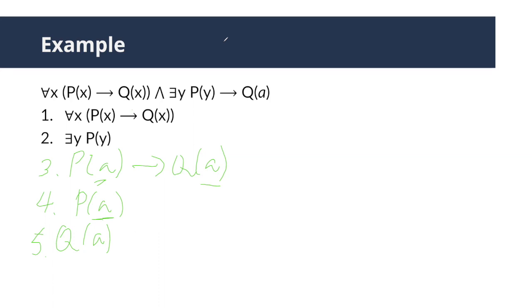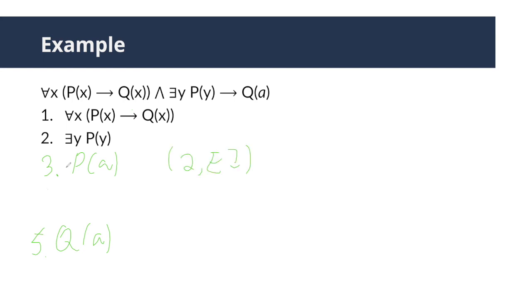The correct proof should be, we need to apply the existential instantiation rule first. So there exists y, PY implies PA, where A is the particular element in the domain. And now we can apply the universal instantiation rule on step 1, on the first premise. Then we have PA implies QA.